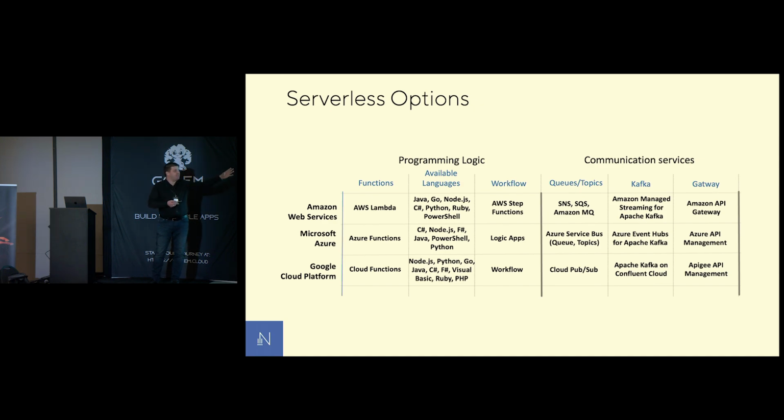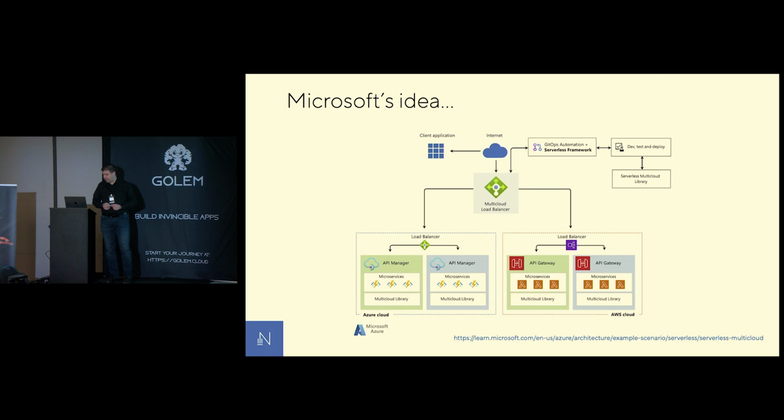Kafka might sound like a good option, but then again, Amazon has a managed variant. Okay, I'm good there. I have one vendor that I rely on. Google has a managed variant, but it's done by a partner, so I already have two vendors. Microsoft doesn't even have a managed variant. It has something of its own, which might be good, might not. So there are so many different decisions that you need to make if you're going down the road of multi-cloud options in the serverless world.